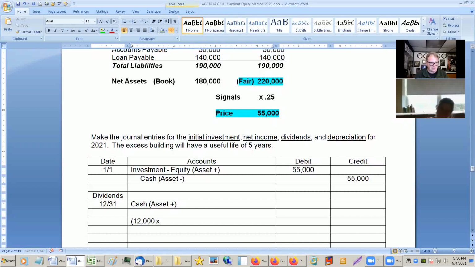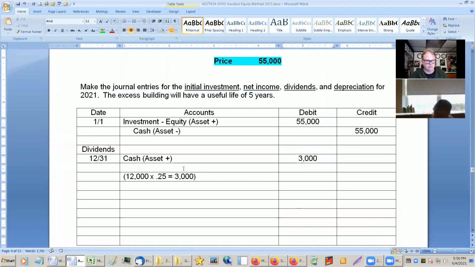Oh no, it will be different because it's a different percentage. Yes, 3,000. So our cash went up by 3,000, and our investment went down. When we get that cash, it brings down our equity investment. It's our cash already.